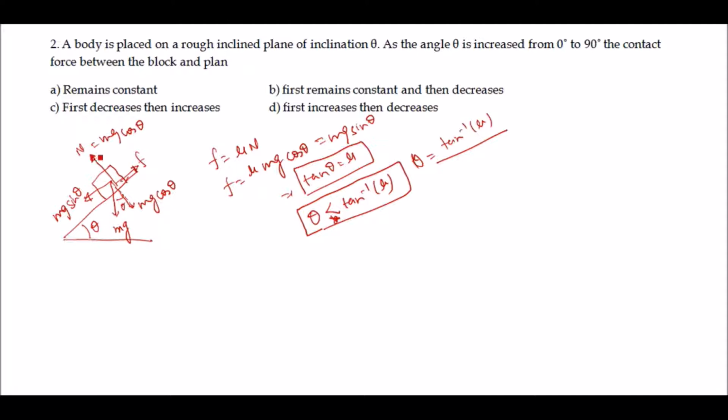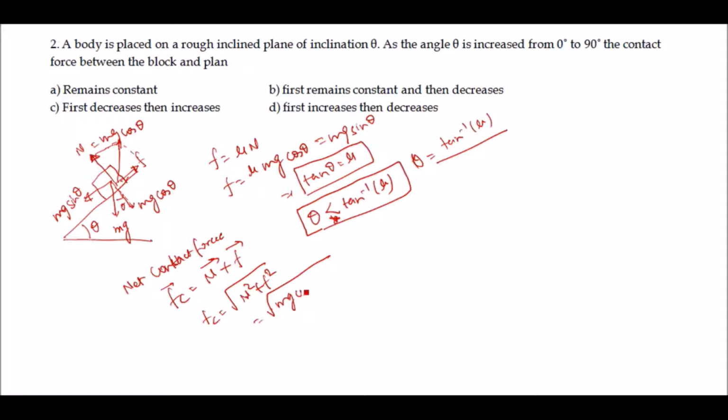If you calculate the resultant of these 2 forces, then the net contact force Fc is the vector sum of normal force plus frictional force, and Fc is equal to square root of n square plus f square, that is, square root of (mg cos theta) square plus (mg sin theta) square.